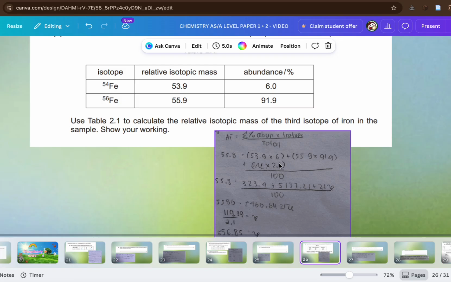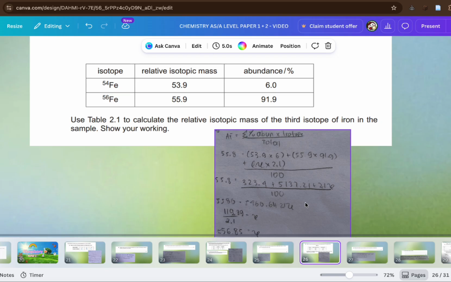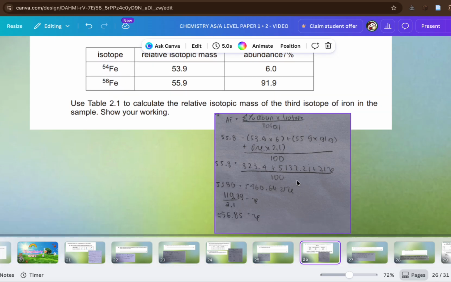Now we put it in the relative atomic mass formula, which is 55.8 equals 53.9 multiplied by 6 plus 55.9 multiplied by 91.9 plus x multiplied by 2.1, over 100. This gives 55.8 equals 323.4 plus 5,137.21 plus 2.1x over 100.